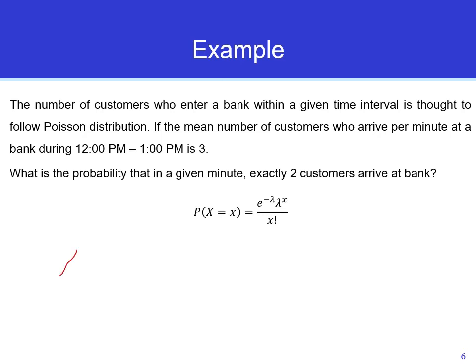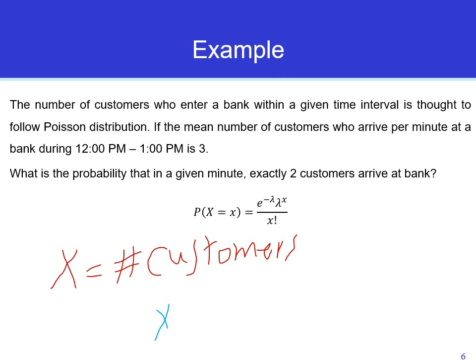X, we define it as the number of customers who arrive at a bank. I'm not going to write the rest of it because this is really difficult to write with the sliders. So X here, the number of successes, which is the number of customers arriving at a bank, follows a Poisson distribution.